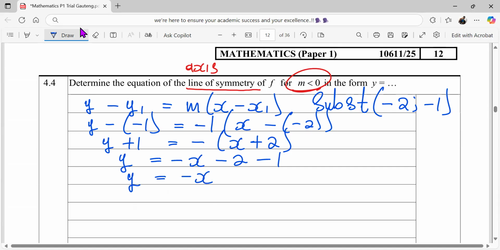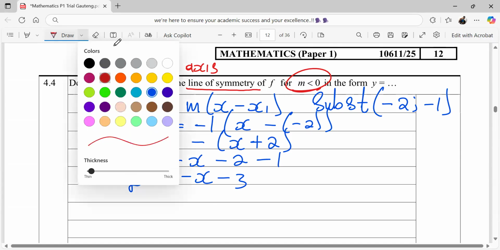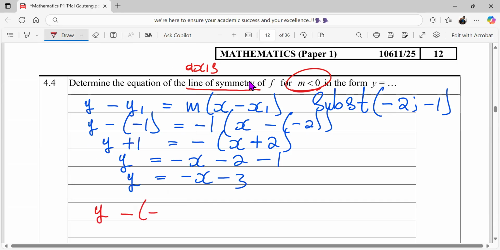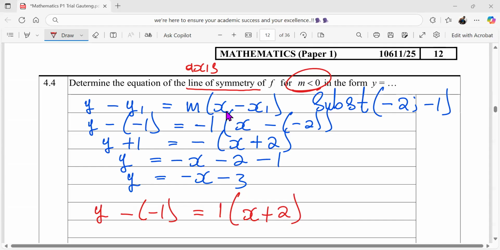So then the equation of my straight line will be as follows. But if they wanted the one with a positive gradient, then it would have still been the same steps. The gradient is 1, and you still have x + 2.